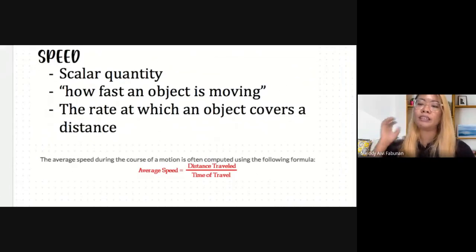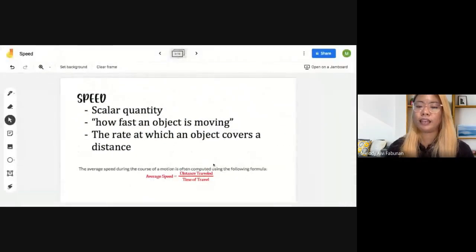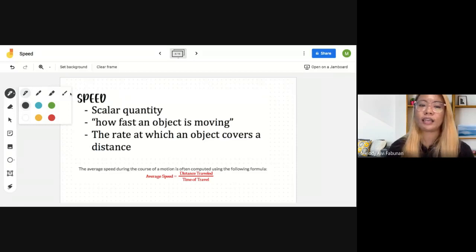The equation that we use to compute for speed involves the distance traveled, which is always in meters, and the amount of time it took to reach that location, which is always in seconds.